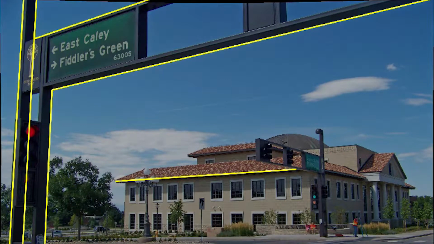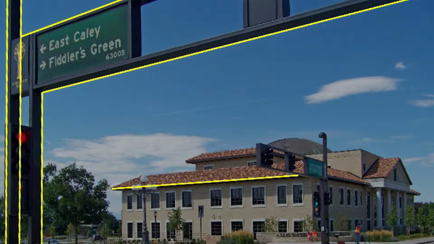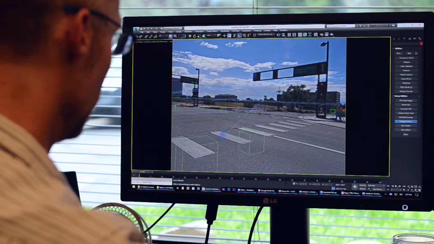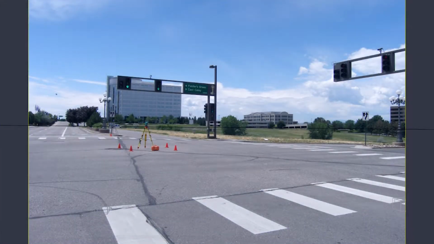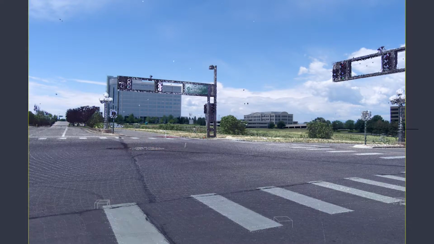The first one is what we refer to as the straight line method, where we look at the photograph and determine whether there are any lines within it that should be straight: edges of buildings, telephone poles, street lights. The second method is the point cloud method. We use a 3D scanner like a Faro scanner or a Leica scanner, anything would work, to document the scene and encompass it with a point cloud of data.